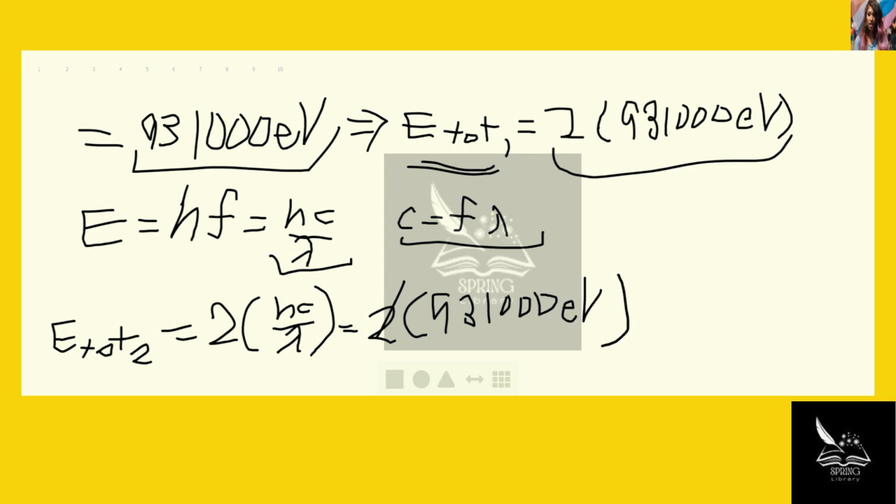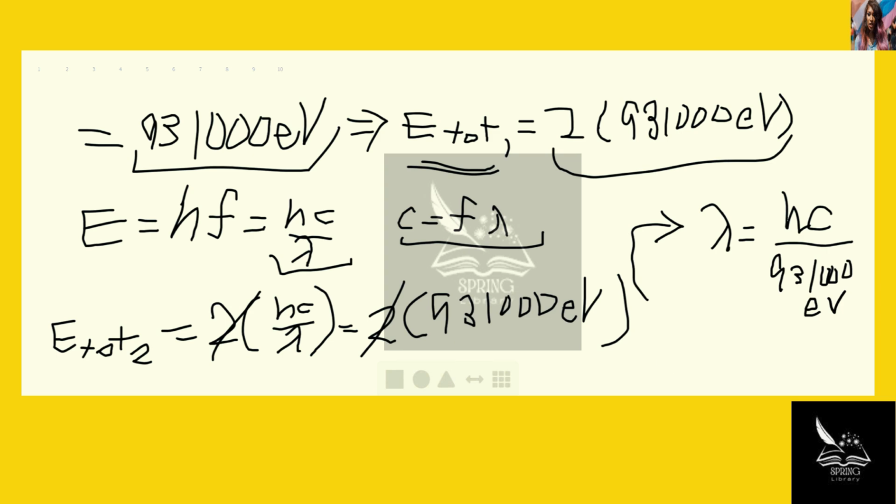Cancel, cancel. We have lambda is equal to hc over 931,000 electron volts.